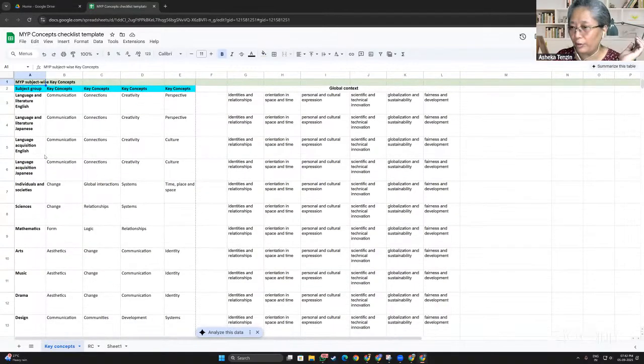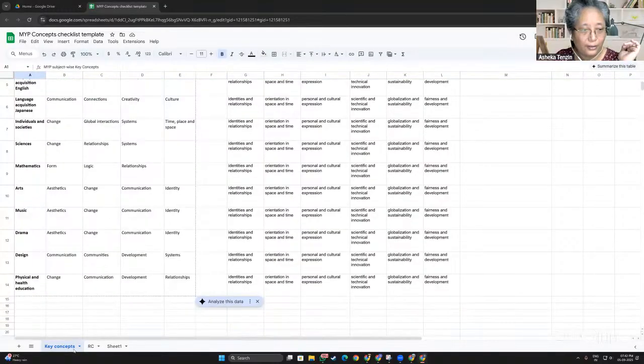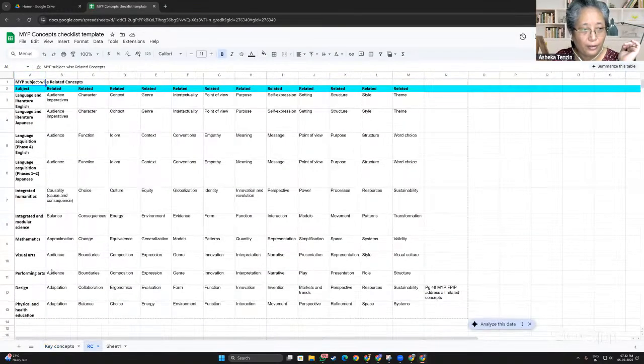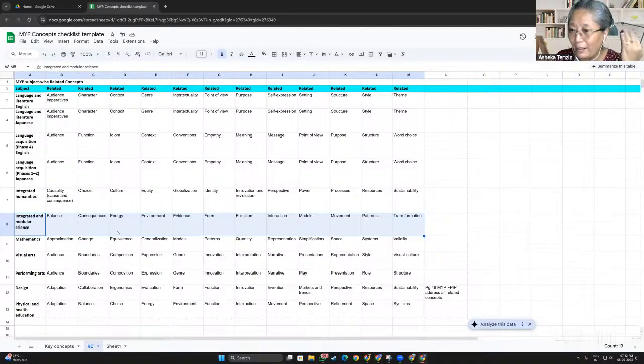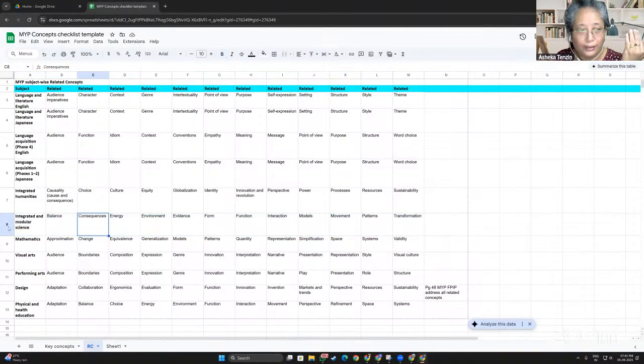This is my document when I'm doing my evaluation preliminary review, because I'm a PL. I have to sit and check all the subject group overviews. So I have written all these things. I have to check all the subjects as a PL. But if you look at the related concepts, I have written integrated over here, because most of the schools that I have evaluated right now did integrated sciences. So I just have the integrated sciences here.